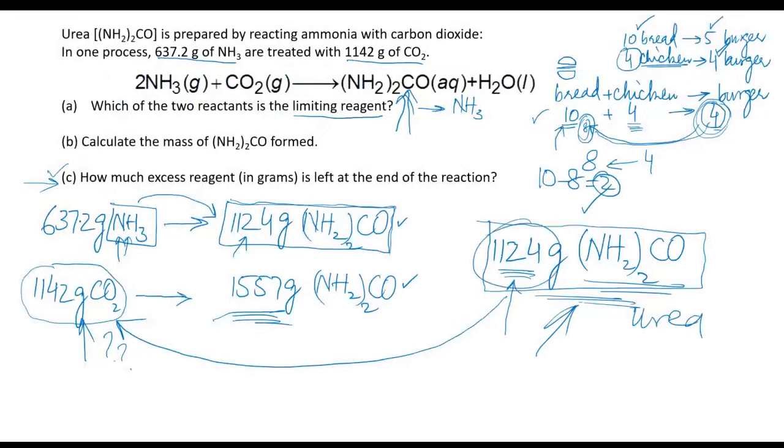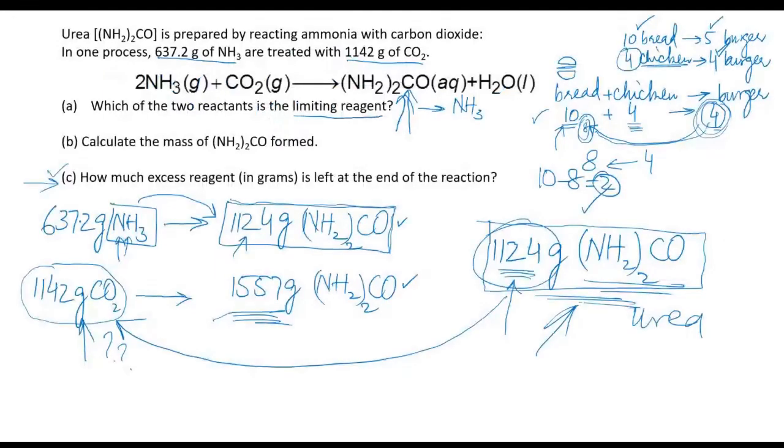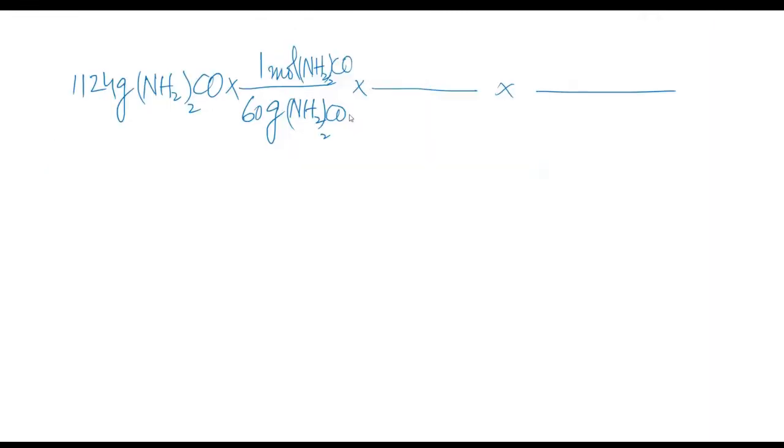1124 gram. But check from this equation. How many moles here? 1 and 1. So urea, 1 mole of urea, and here 1 mole of carbon dioxide.